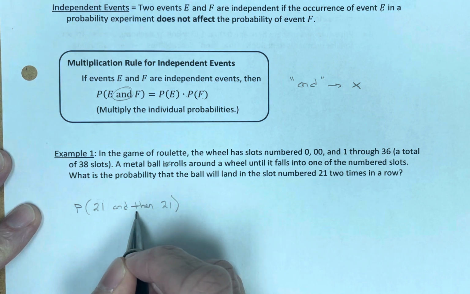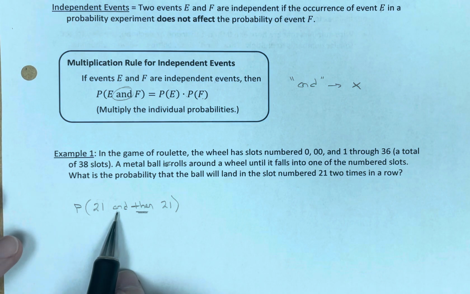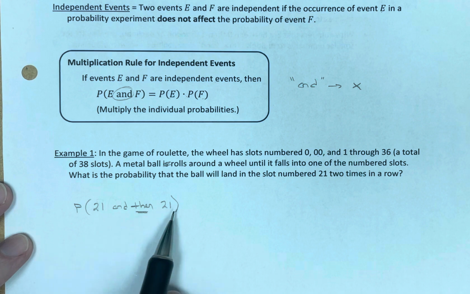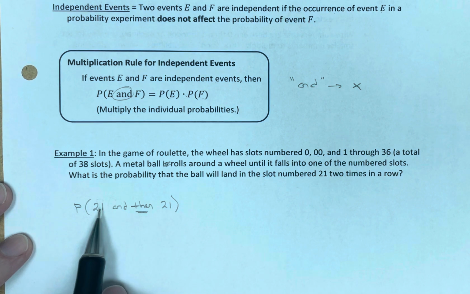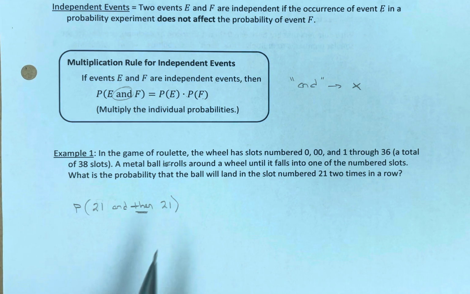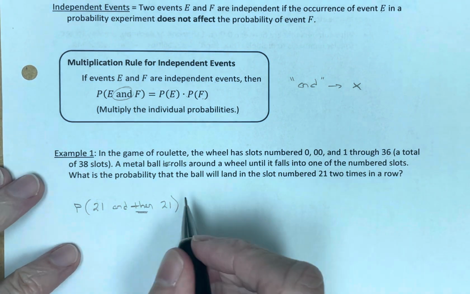We already know how and works, but this is saying we're doing two things. We're going to do this, and then we're going to do this. We have two separate rolls taking place.